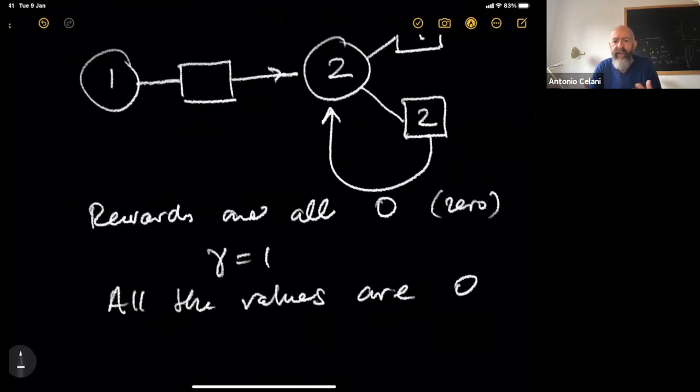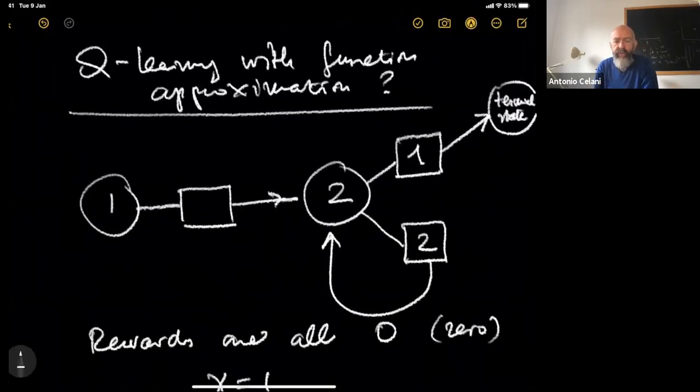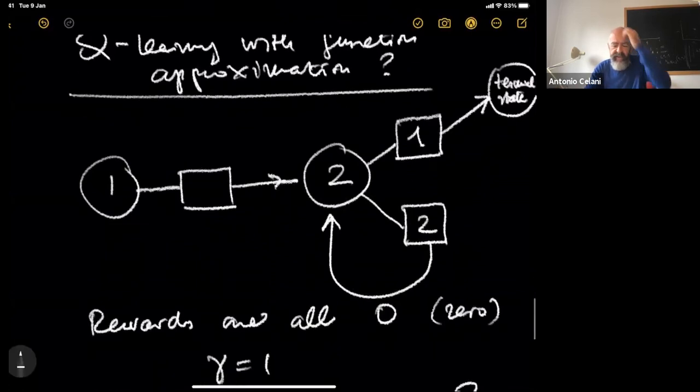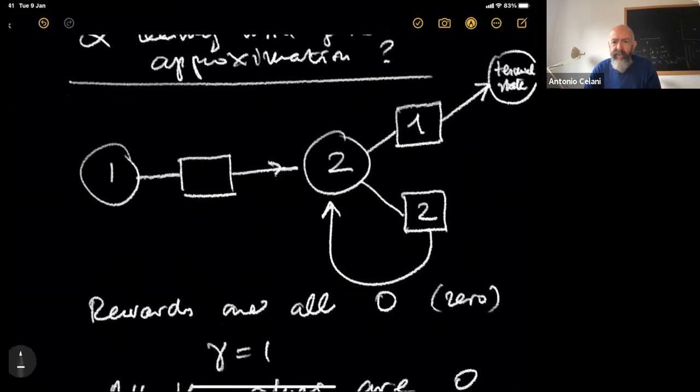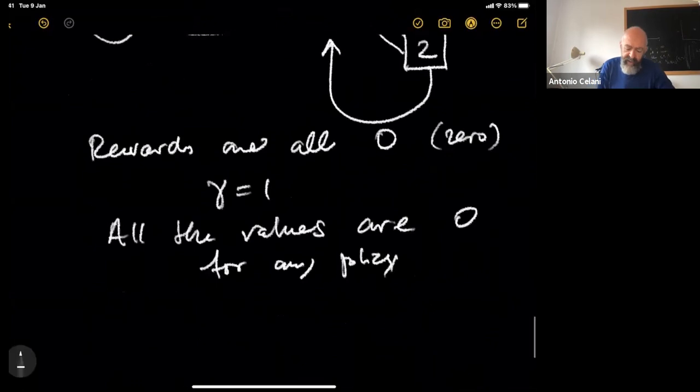The true values of any policies, it doesn't matter what you choose. If you choose action 1 or action 2, you always get 0. Okay, so this is the sort of the dream for a reinforcement learning problem. There's nothing really to learn, so you know from the outset what the problem will look like. But now we are doing some function approximation.